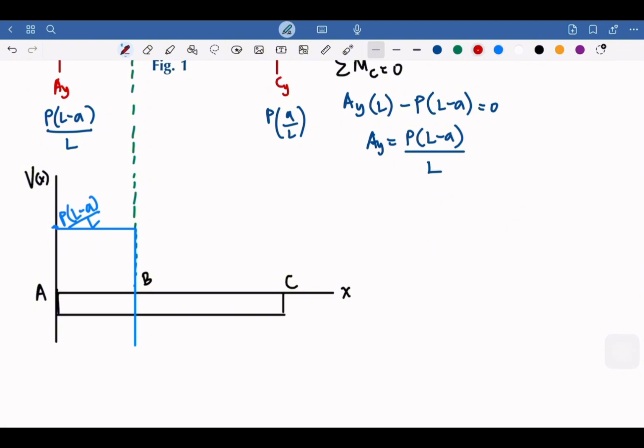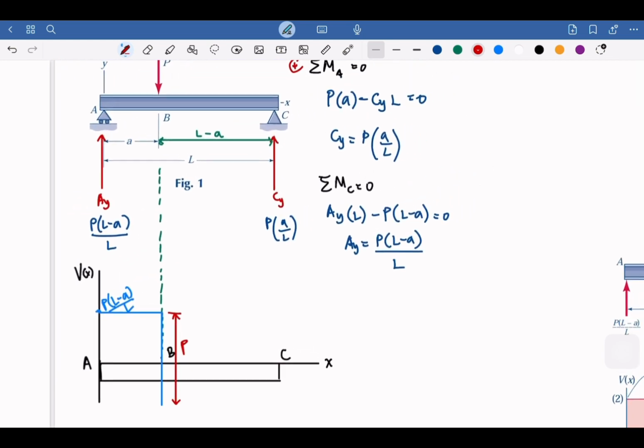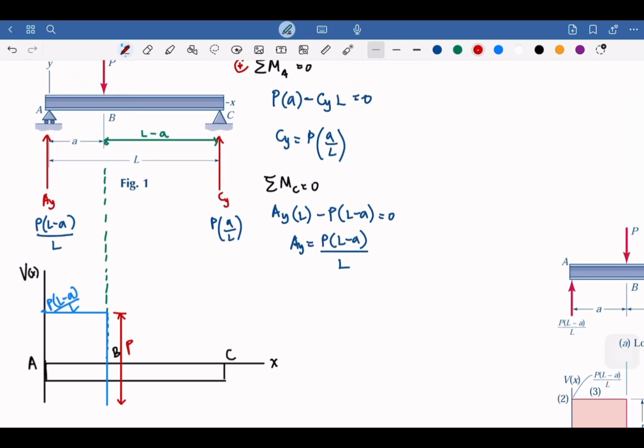It should be equal to the load P. We are not expecting any other forces, so we only have this C1. So this part here, this minus this, should be equal to this.